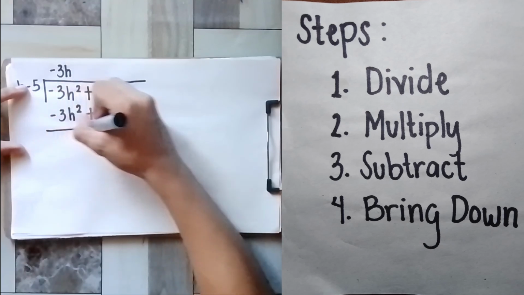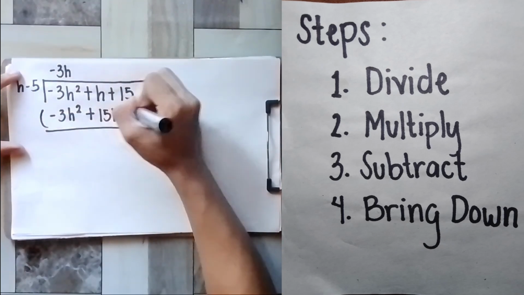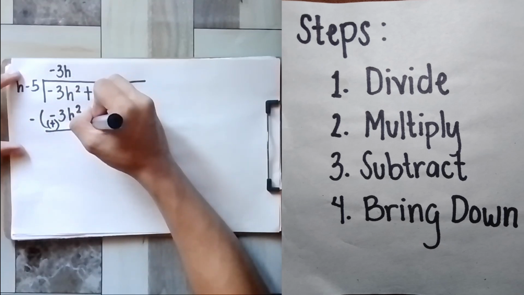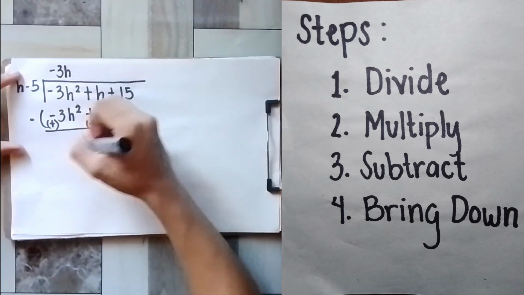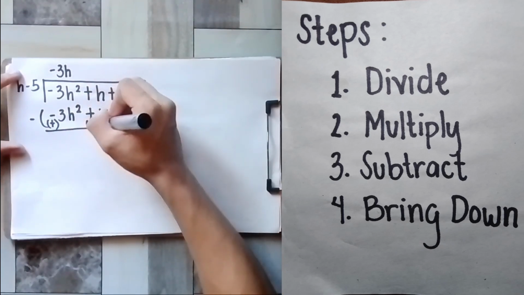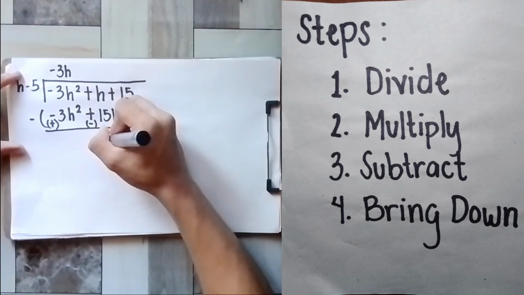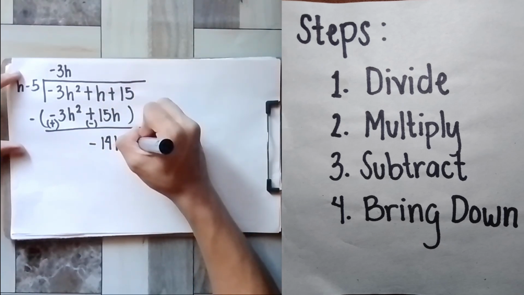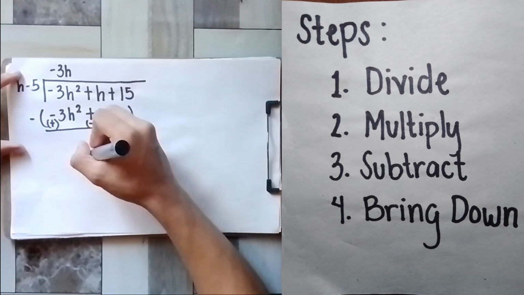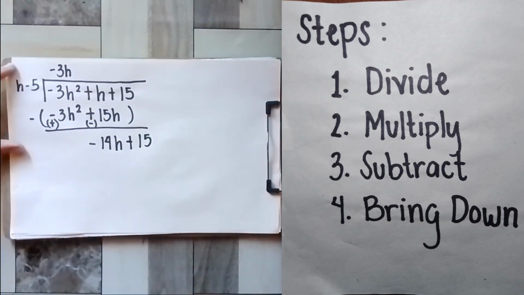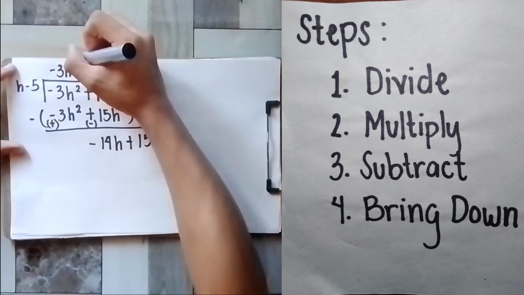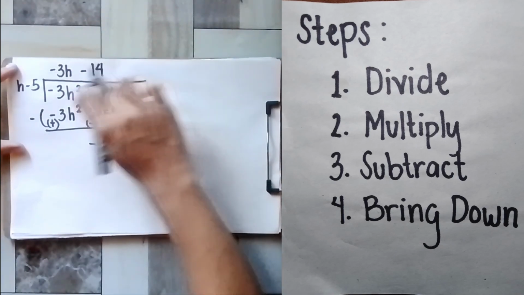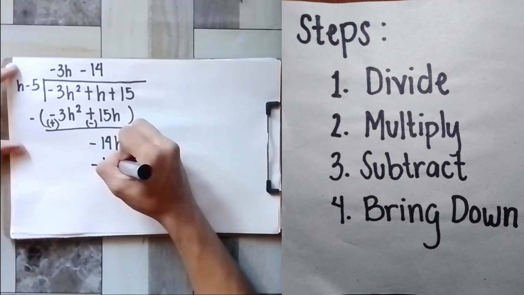The third step is to subtract, remembering the rule of subtraction in dividing. Last, bring down positive 15. Now, just repeat the basic steps of long division: divide, multiply, subtract, and bring down.